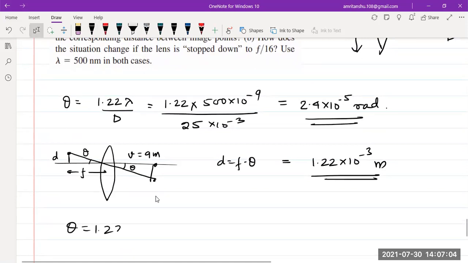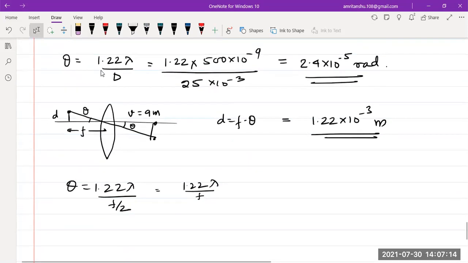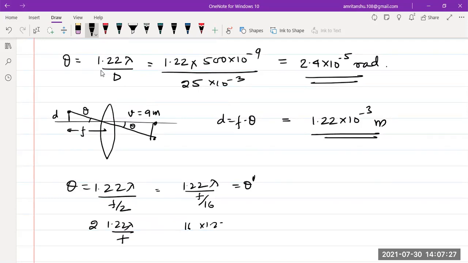Before we had 1.22 lambda by f by 2, but now it is 1.22 lambda by f by 16. This is the new theta dash. Before it was 2 times 1.22 lambda by f, and here it is 16 times 1.22 lambda by f. So you can see theta has increased 8 times.